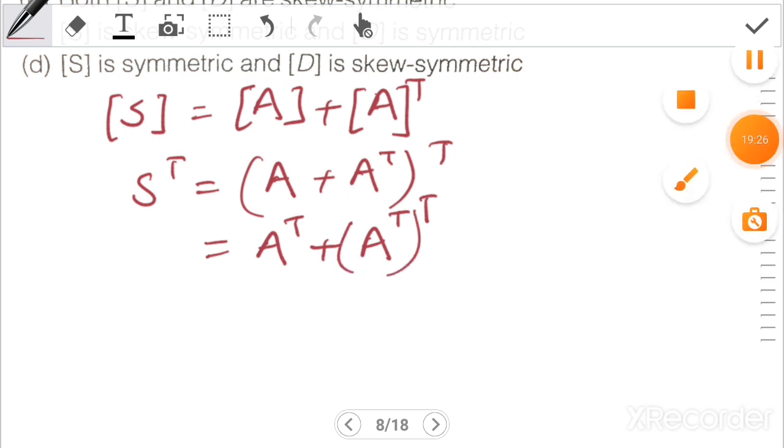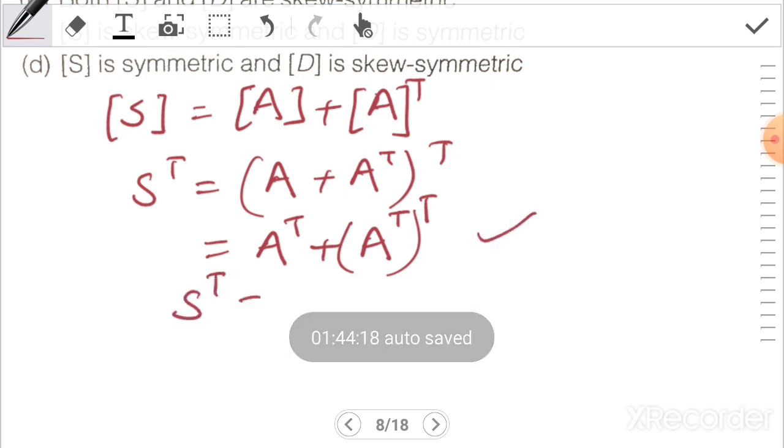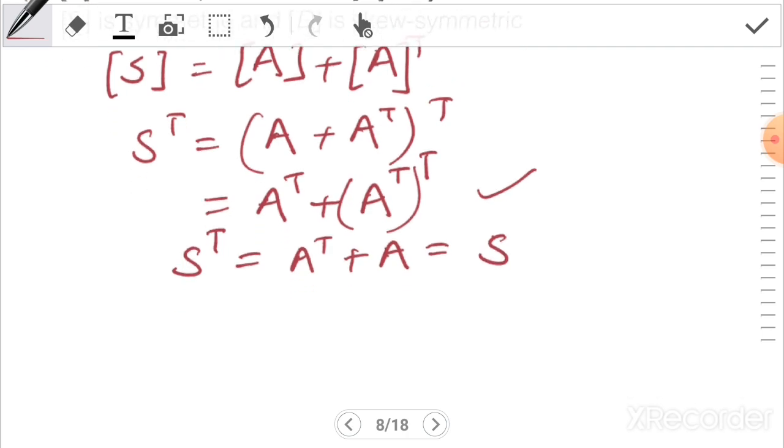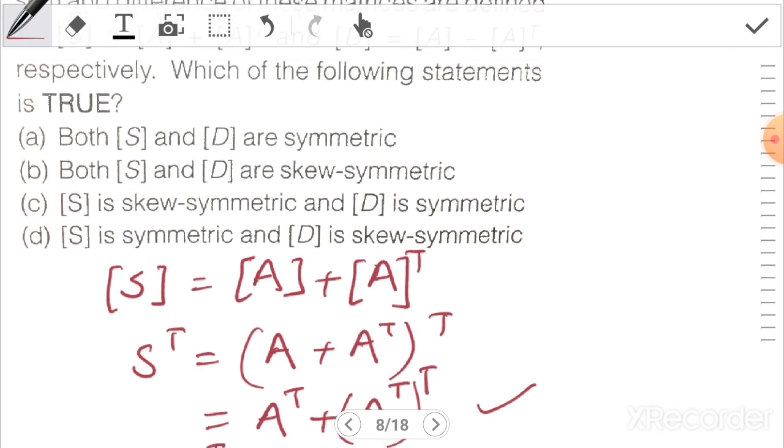According to the property of matrix addition, S transpose is equal to A transpose plus A, which is equal to S. So that means matrix S is symmetric.